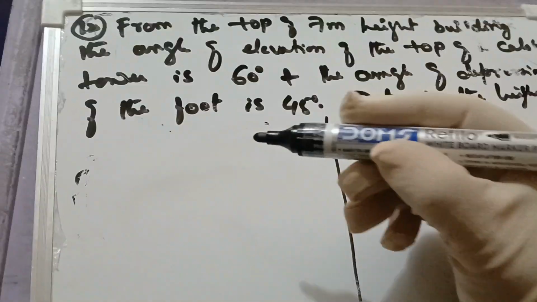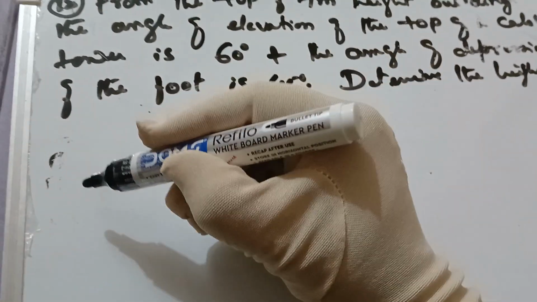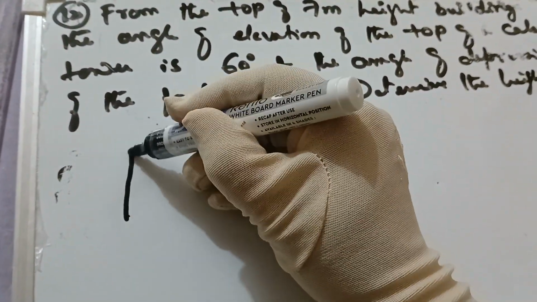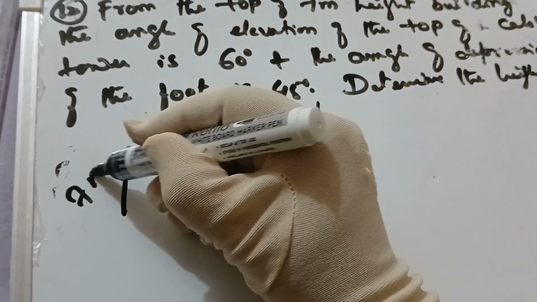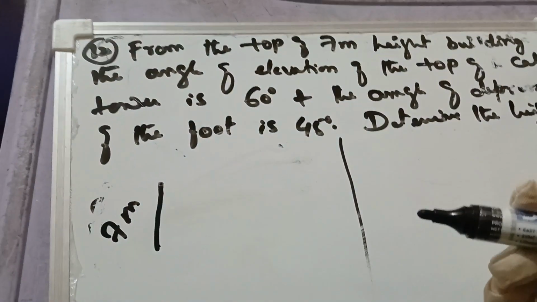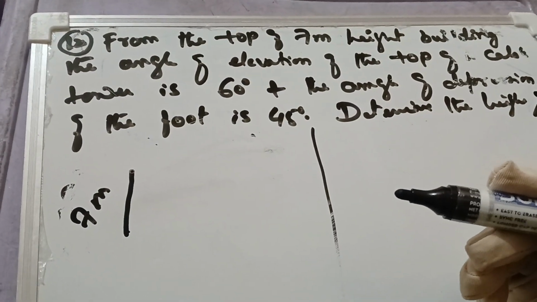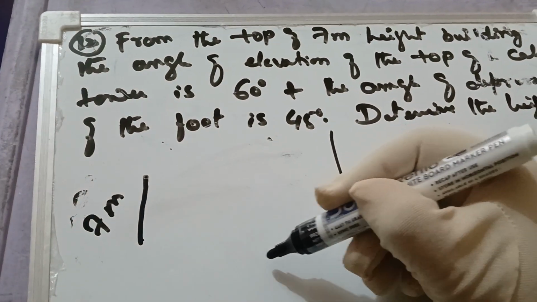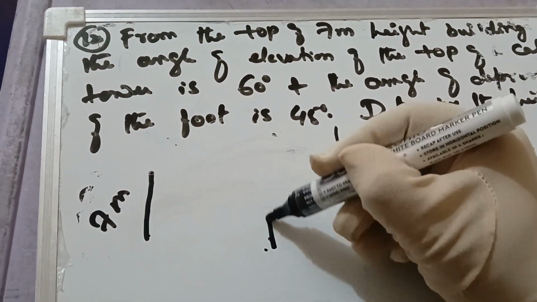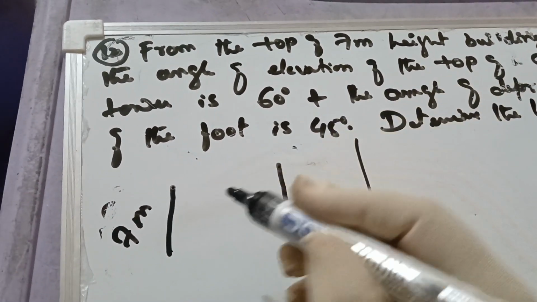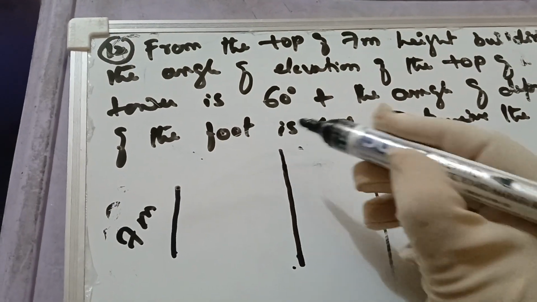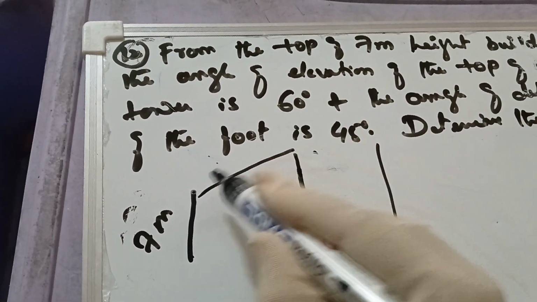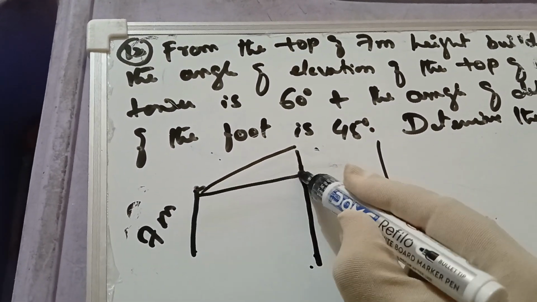So what it says is that there is one building of 7 meter height, and from the top of the building, the angle of elevation to the top of a cable tower is 60 degrees. One more is the cable tower, here somewhere.